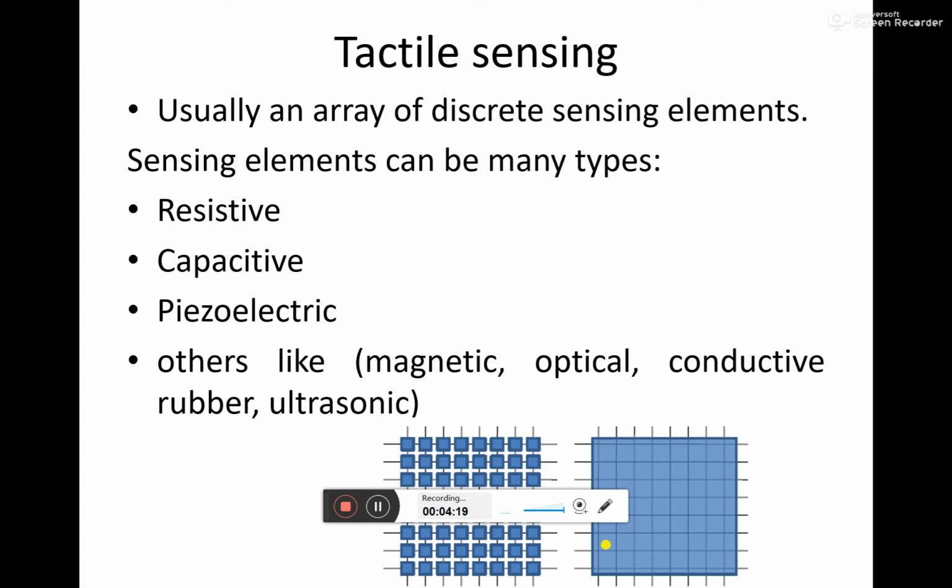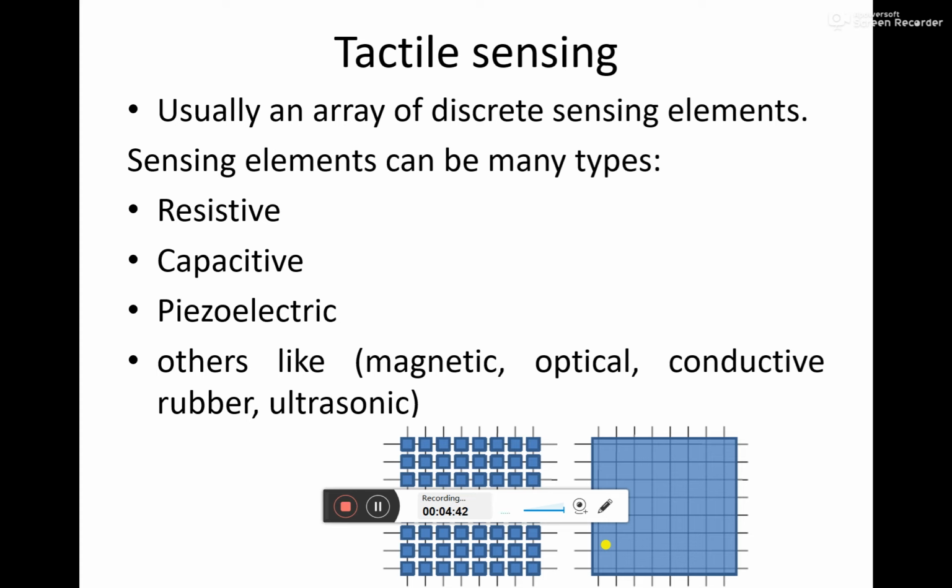These tactile sensors, based on the type of sensing element that is used, can identify different parameters.